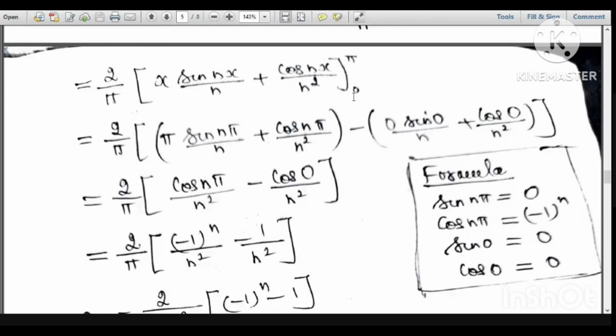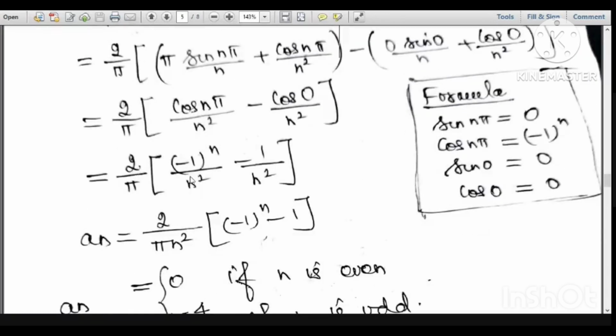First you have to apply the upper limit minus lower limit. So 2 divided by pi, sin n pi plus cos n pi divided by n square, minus of 0 sin 0 by n plus cos 0 by n square. Okay. So sin n pi is 0, the first term will become 0, the third term will become 0, the second term will become minus 1 power n.